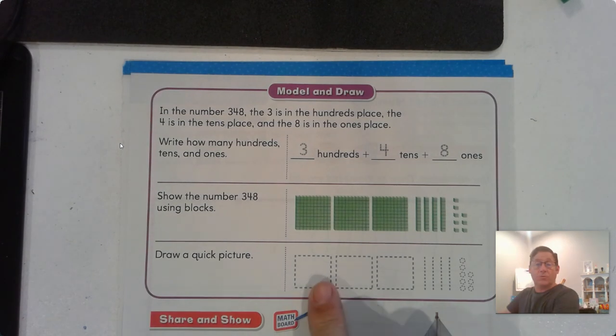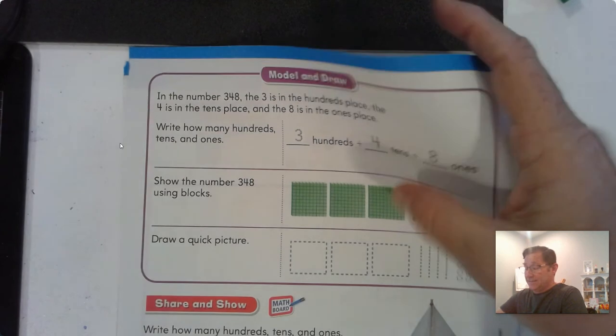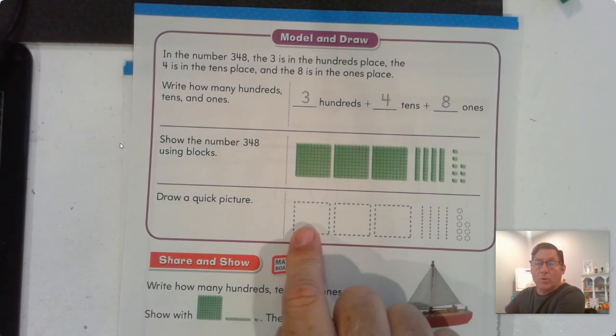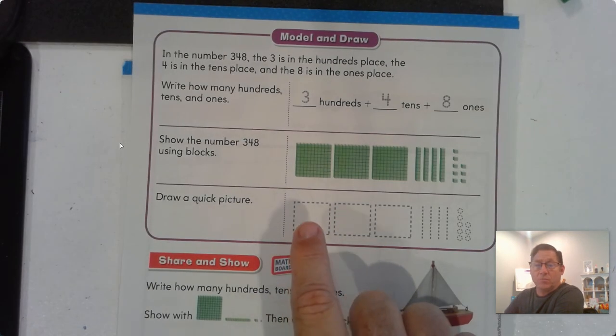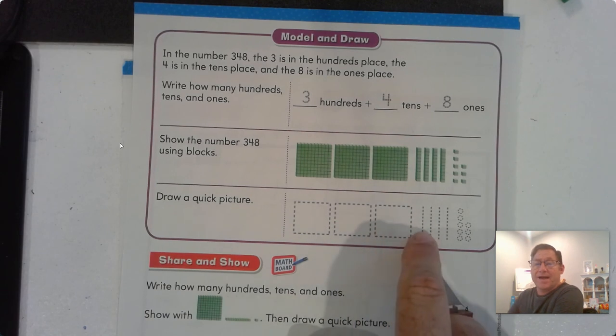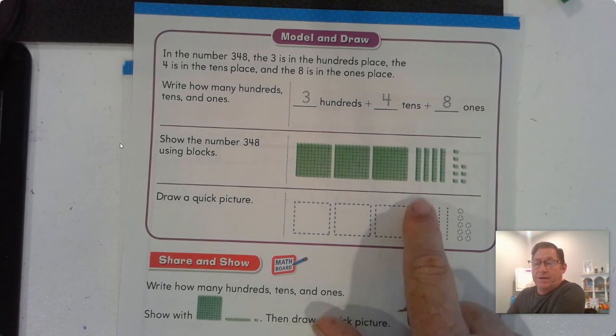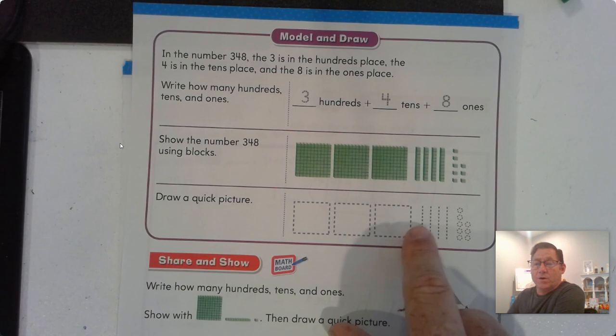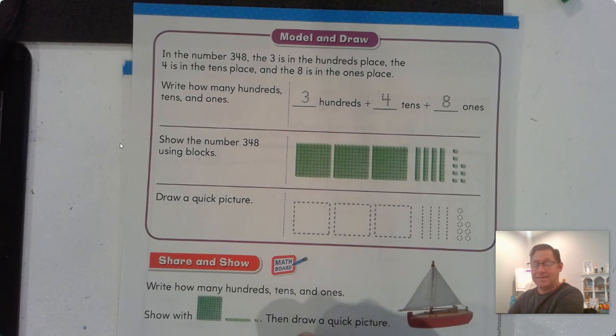But we can use a quick picture that we've been talking about in the last couple of lessons. So the square represents 100. So 1, 2, 3 hundreds. The straight line or individual dots, I just use a straight line myself to represent the tens. So we have 1, 2, 3, 4 tens.